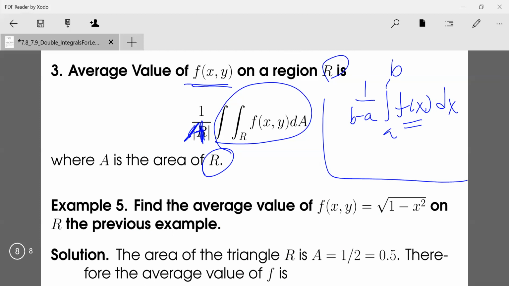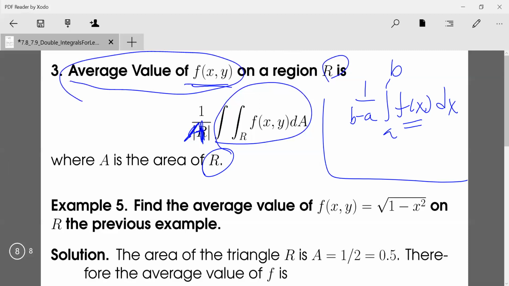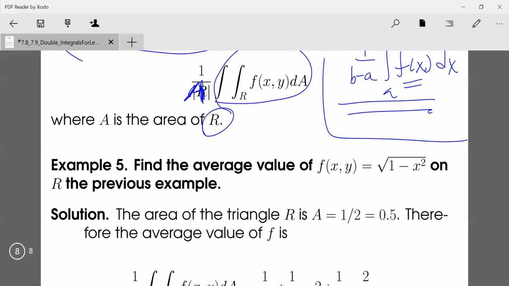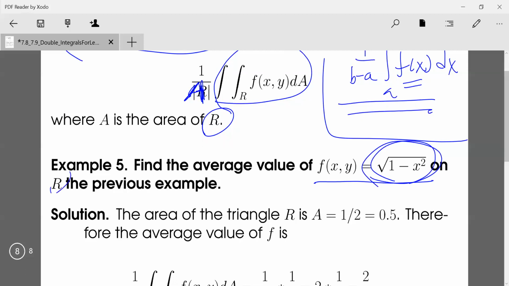So the average of a function on a region is a generalization of the average of a function on an interval. For example, consider the function in the previous example, root of 1 minus x squared, as a function of x and y, even though y does not appear here. We can still ask what is the average value of this function on the region R, that triangle.